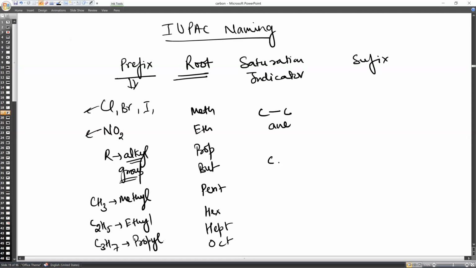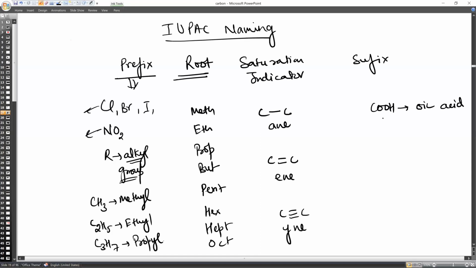If we have a double bond between carbon-carbon atoms, then we use ene. If we have a triple bond between carbon-carbon atoms, then we use yne, because this stands for alkyne, this for alkene and this for alkane. And the suffix we write for the functional group, like COOH. If we have COOH as a functional group anywhere, we use oic acid because it is carboxylic acid. So its suffix is oic acid.